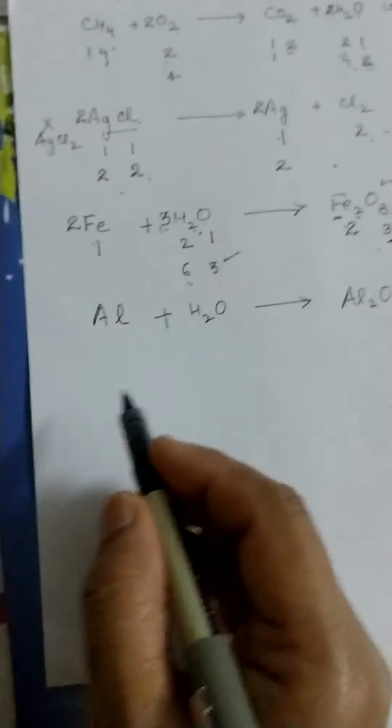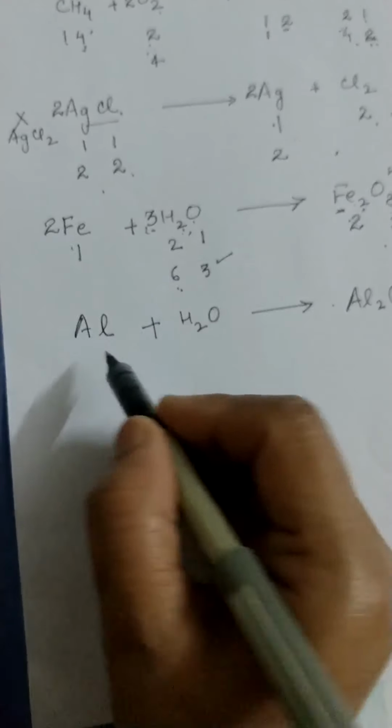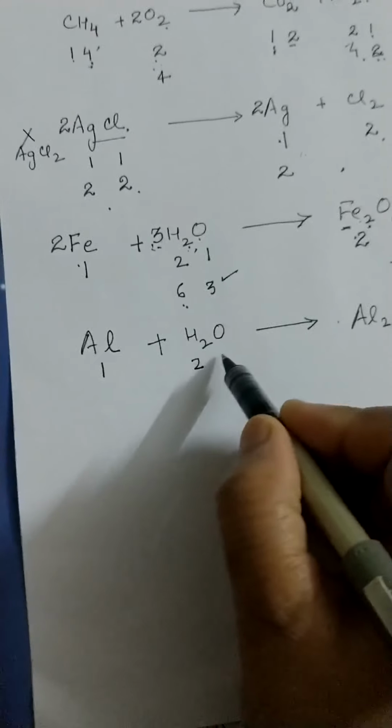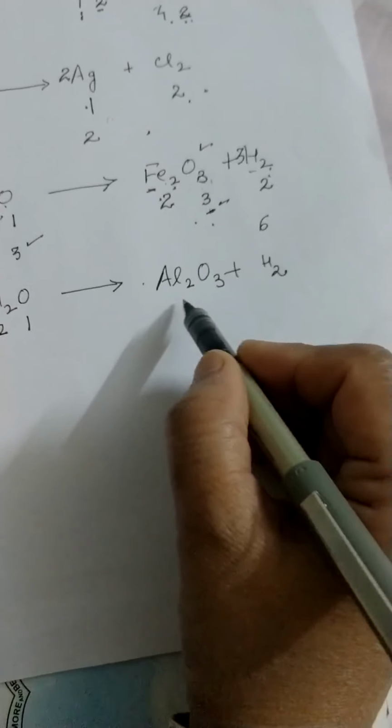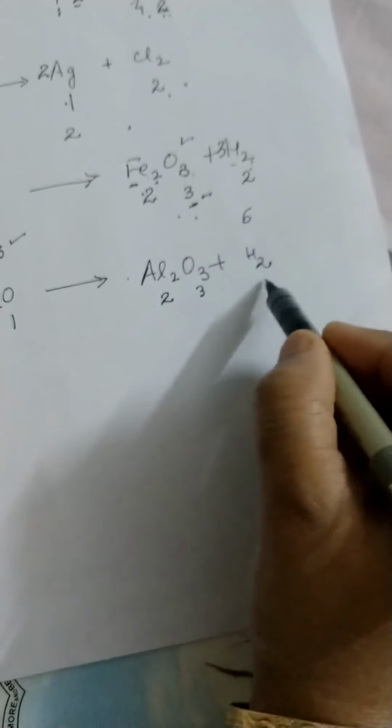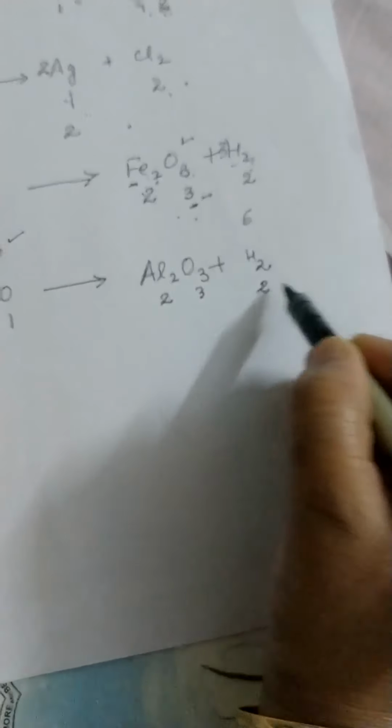Now in this case, let us quickly identify the number of atoms taking part in this chemical reaction. Aluminium 1, hydrogen 2, oxygen 1. In the product, 2 atoms of aluminium, 3 atoms of oxygen and 2 atoms of hydrogen. Right?